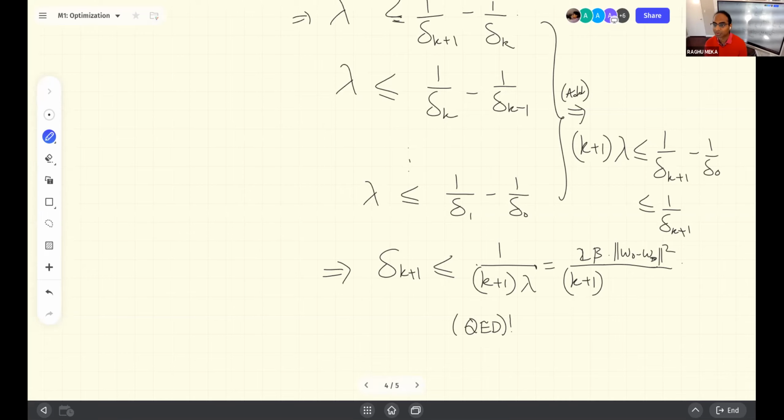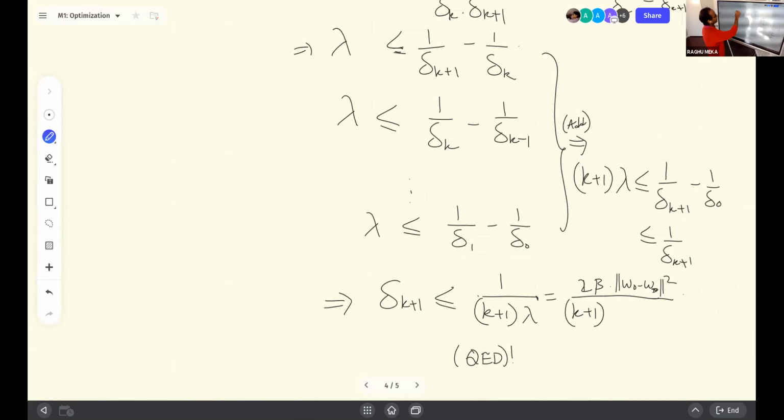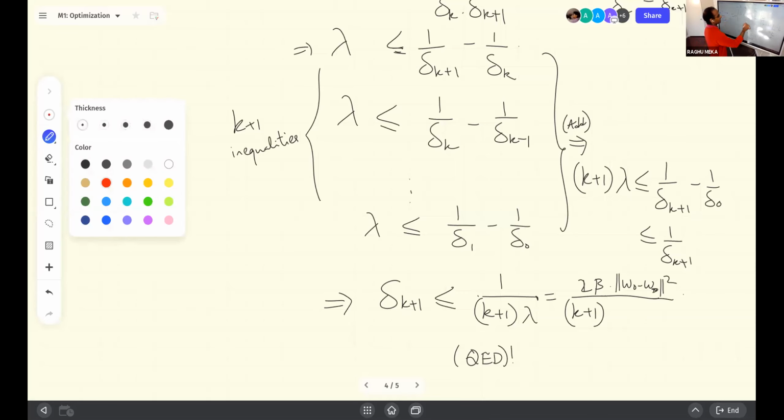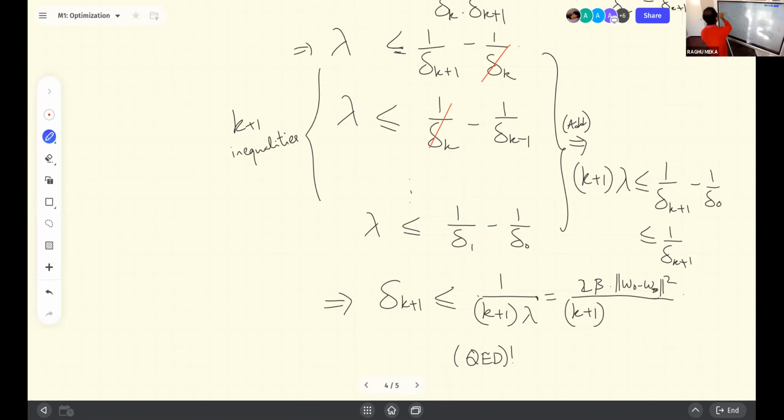Questions? And you note again where the k plus 1 came from. Basically, I have here k plus 1 inequalities, and I'm adding all of them up. On the left hand side, I get k plus 1 times lambda, and on the right hand side, something nice happens, which is that all of these terms kind of cross out.